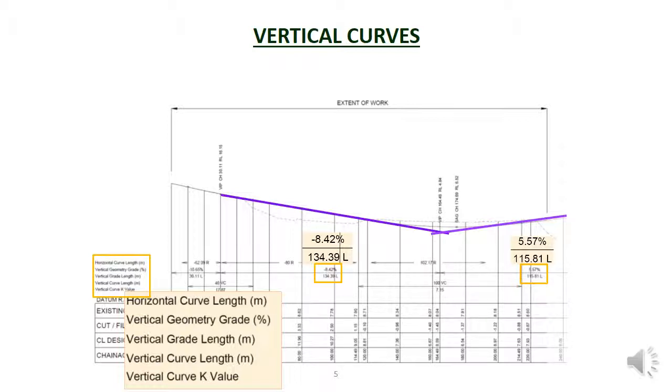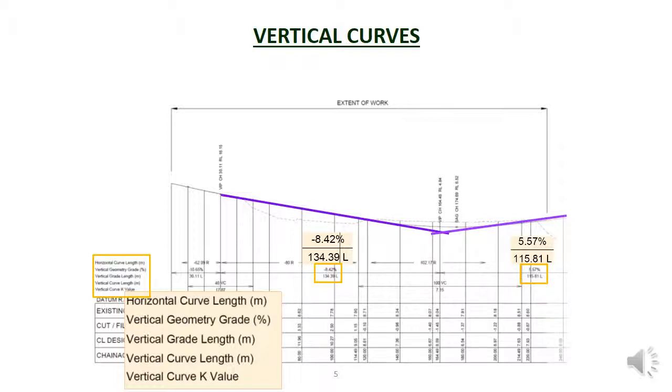The slope on the left has a grade of -8.42%, which means it falls 8.42 meters vertically for every 100 meters of horizontal distance. The 134.39 L means the length of the slope is 134.39 meters.